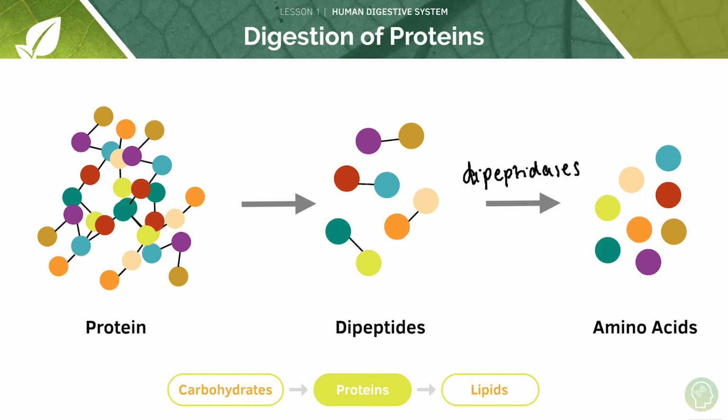So we have the endopeptidases and exopeptidases here, working on protein being broken down into dipeptides, and then dipeptidases breaking the dipeptides into amino acids. And note the common theme, it's this ase, which shows that it's an enzyme that's breaking down the dipeptide into amino acids.